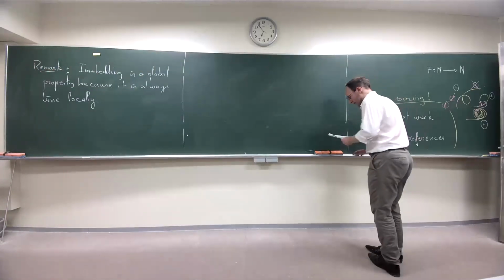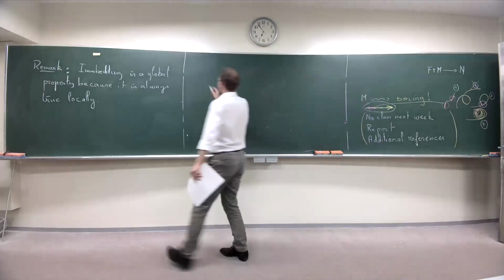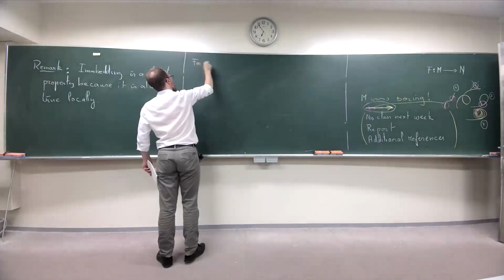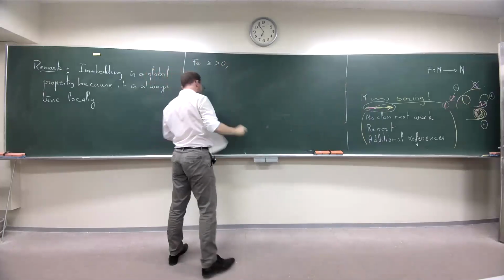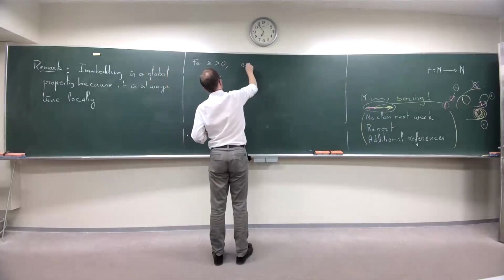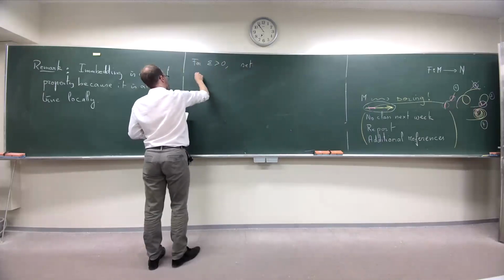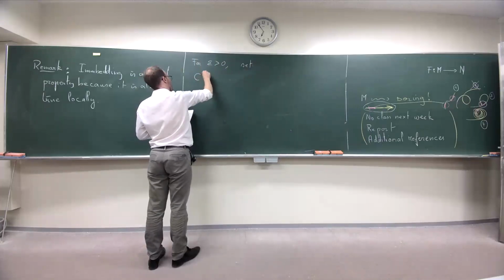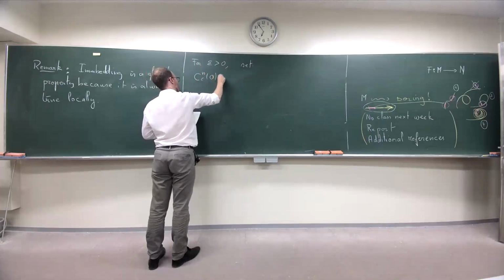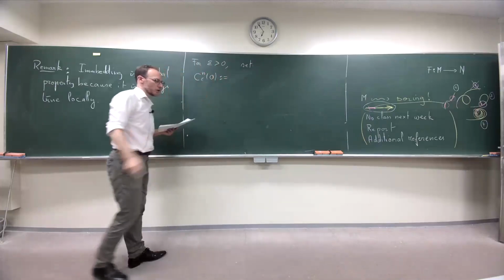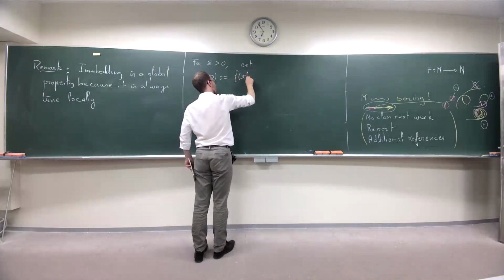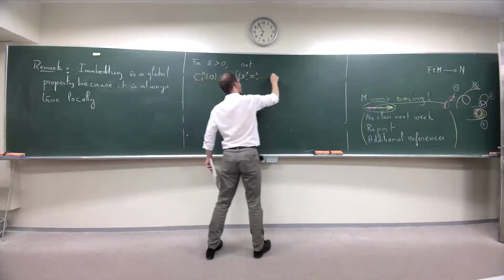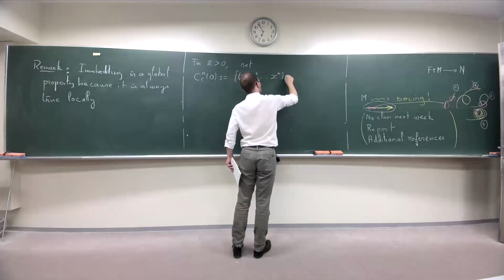So let me just define a small thing for epsilon. I want to define an open box. For epsilon bigger than 0, we set C_n^epsilon(0). I want a box and not a ball. So this is a set of (x1, x2, up to xn) inside R^n.